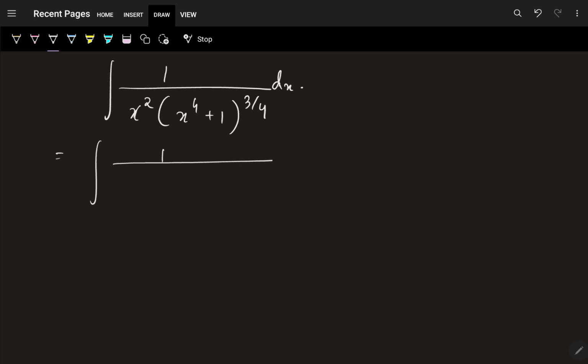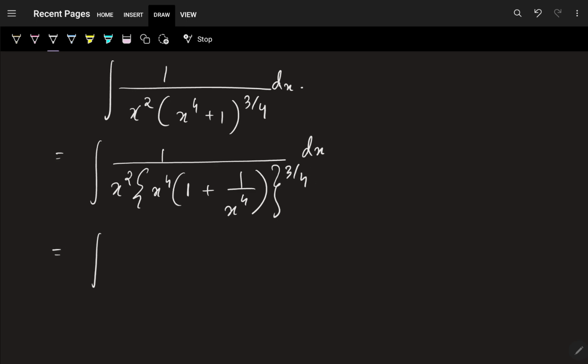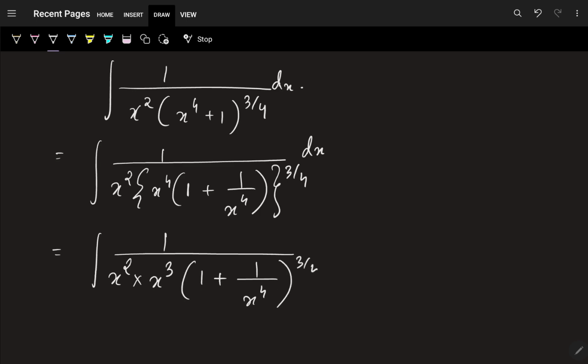So if you take this common, you're gonna get x to the power 4 times 1 plus 1 by x to the power 4, and this is to the power 3 by 4 dx. So this x to the power 4 will come out as x cube. So this is 1 by x square into x cube, and 1 plus 1 by x to the power 4 to the power 3 by 4 dx.